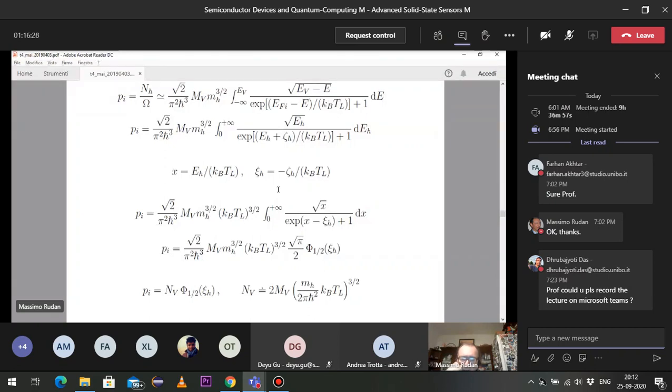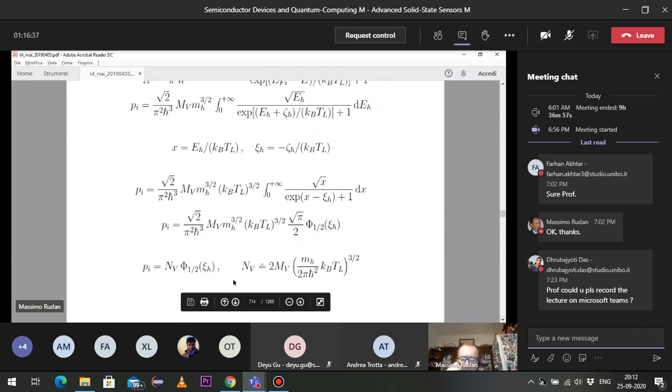At the very end, the calculation is similar to that of the electrons in the conduction band. So the intrinsic concentration of holes is equal to NV times the Fermi integral of order 1/2 parameter psi h, okay? And NV is called the effective density of states of the valence band, okay? And its expression is here, okay?